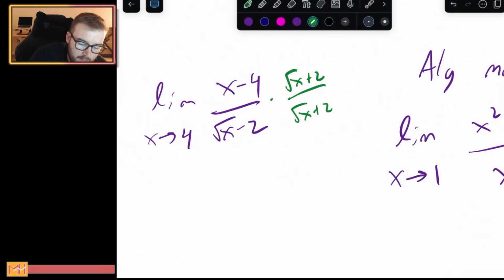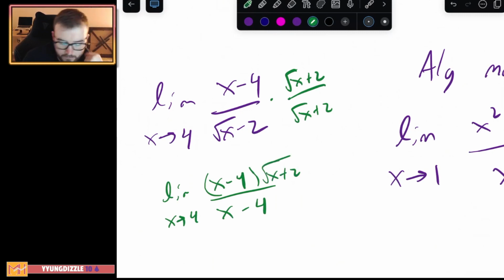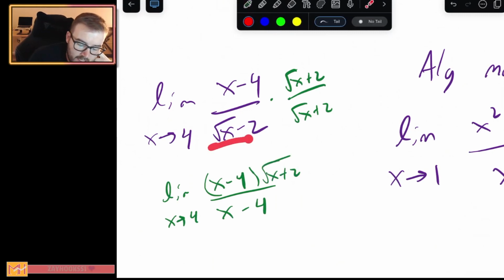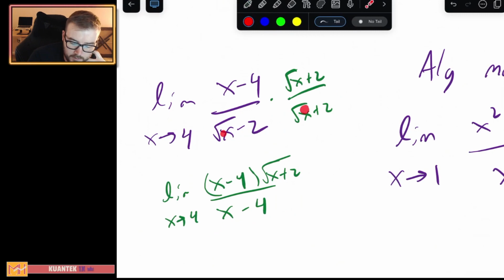So multiply by the conjugate, and you end up with the limit as x approaches 4 of x minus 4 over root x plus 2. So when this multiplied with its conjugate, it produced x minus 4, because root x times root x is x, and 2 times 2 is 4, or negative 2 times 2 is negative 4.